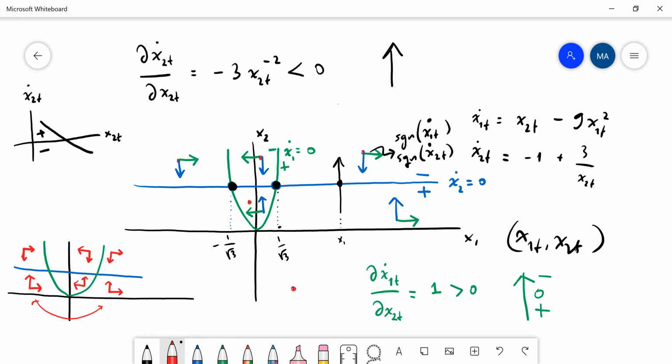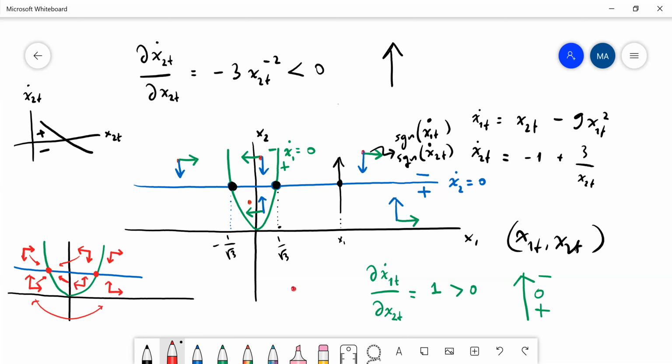So what do I see? Remember, I have 2 steady states, and I'm interested in the stability of these 2 steady states, right? Now, which one is stable? The left one, right? This one. Because here, the system moves towards this steady state.